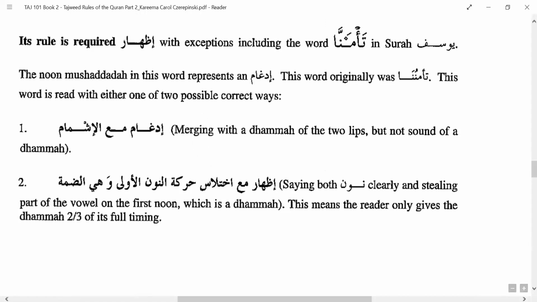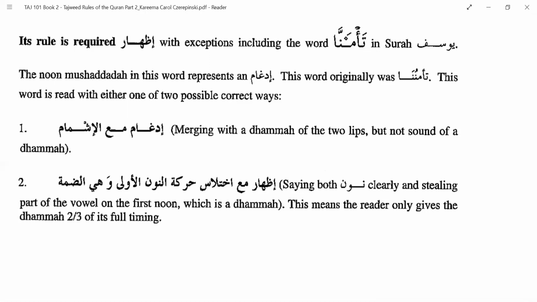One is idgham ma'al ishmam. What is ishmam? Ishmam means you are going to merge with a dhamma of the two lips. That means you are going to say noon dhamma nu. When you say nu, you form that circle with your lips. So you will do that formation of dhamma of the two lips, but the sound of dhamma you're not going to remove.